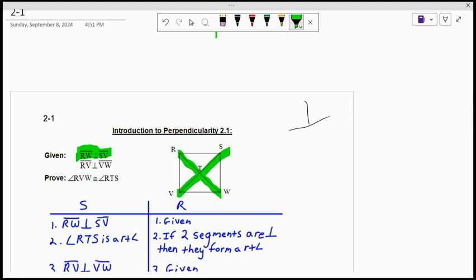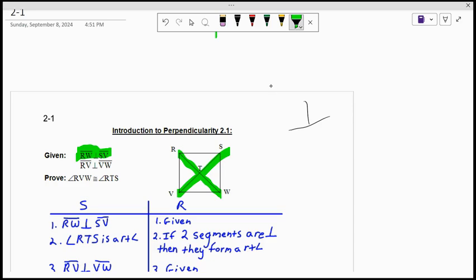And usually we have four right angles that are created, right? So we have RTS, STW, WTV, and VTR. We usually don't have to say all of them. We usually only have to say one, maybe two, depending on the proof. But we technically get all four of them for free when we say perpendicular.